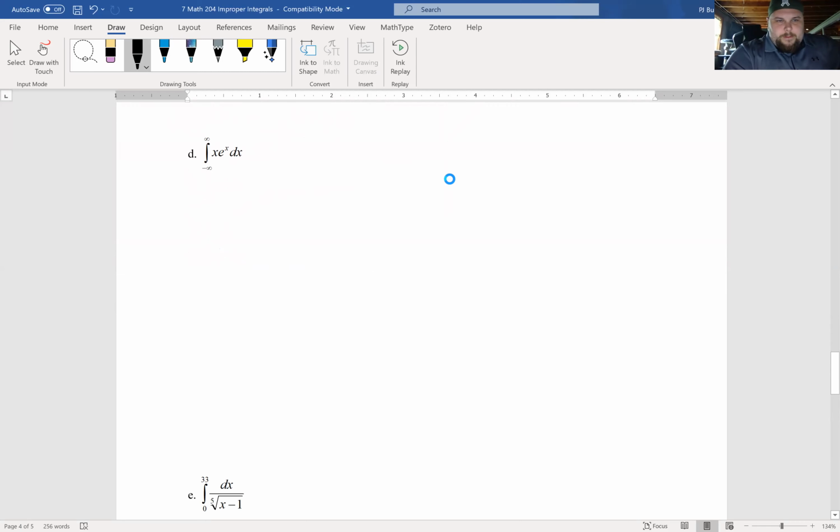So this one, you would need to take a limit as c approaches negative infinity. And because they're both infinite, we have to choose something in between. And the obvious choice here would be 0.